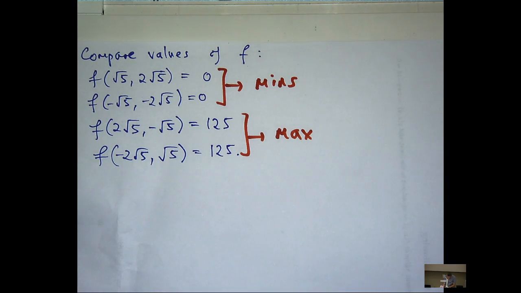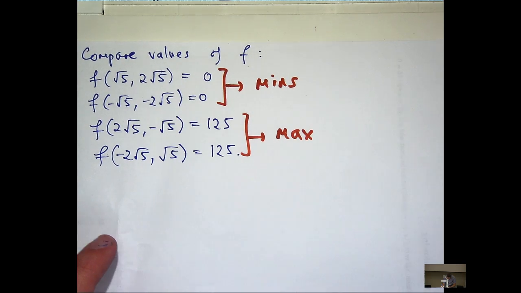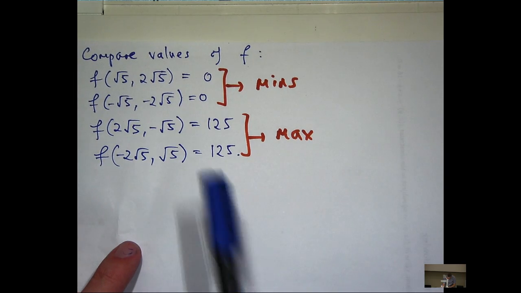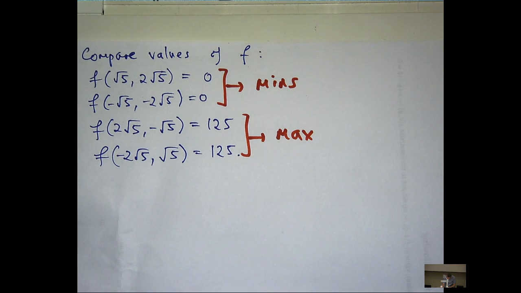So, there are 2 points on the edge of the plate where it has the lowest temperature, these are the points, and the lowest temperature is actually 0. Similarly, at these points, the temperature function is a maximum. Okay?